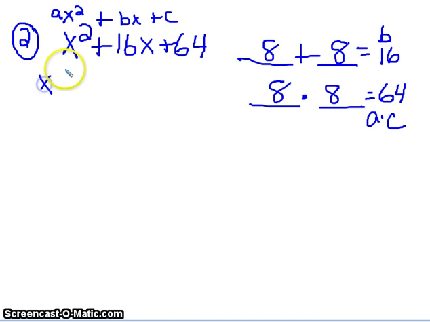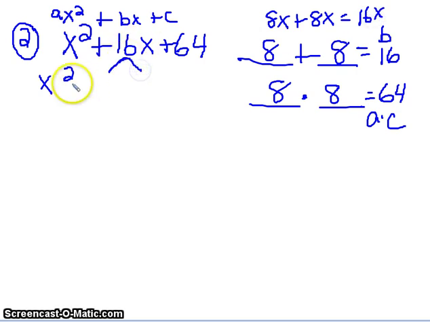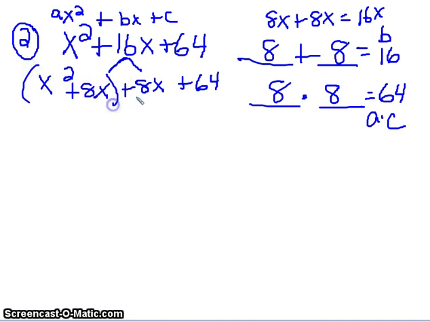I'm going to split this middle term. If 8 plus 8 is 16, 8x plus 8x is equal to 16x. So I'm going to split this into 8x plus 8x plus 64. From here, I'm going to group my first two terms together and group my second two terms together. My greatest common factor of the first two is x, so I can factor that out, and that leaves me with x plus 8.